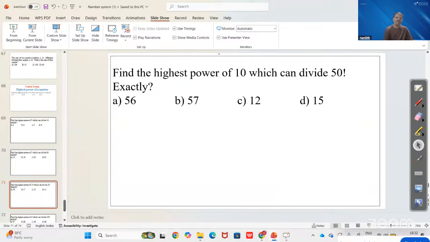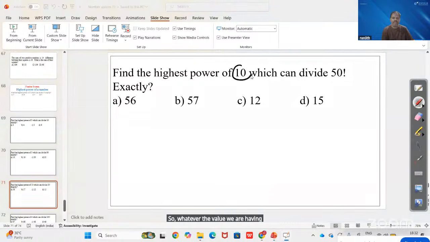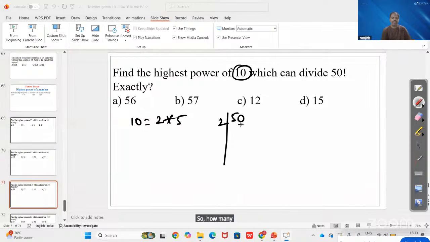So just look here. Whatever value we are having should be in prime numbers. 10 has to be written in the form of prime numbers, 2 into 5. So now we need to divide 50 by 2. How many times can I divide 50 by 2? 25. 25 can be divided by 2 12 times, 6 times, 3 times, 1 time.